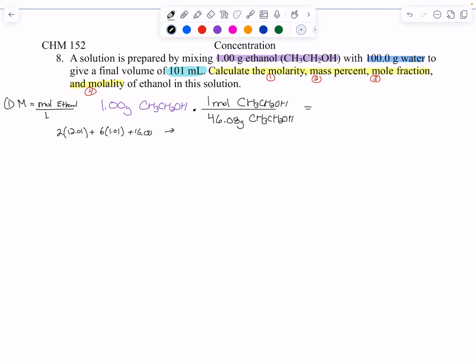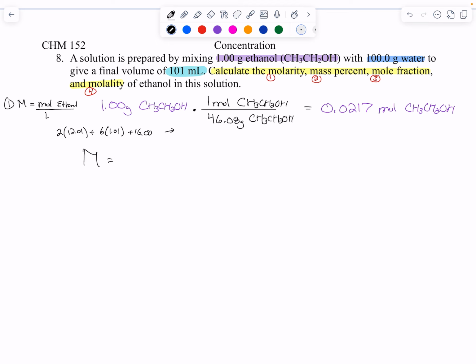So now we have our moles of ethanol, which is 0.0217, 1 divided by the molar mass. All right, so now we can calculate the molarity.